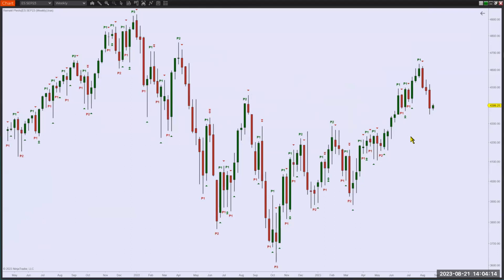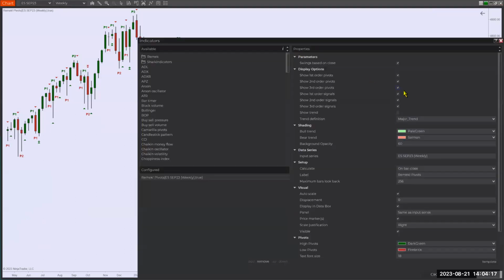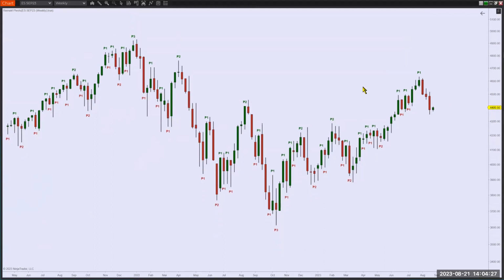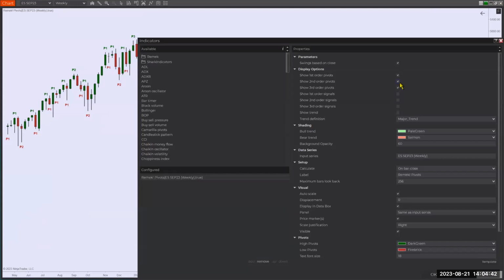So let's start to simplify. We're working backwards now. First of all, I don't need the signals. That already cleans up the chart a little bit, but I still have the 3 pivots. Now, since every pivot 3 was at one point a pivot 1 and at another point a pivot 2, I don't think I actually do want to see the pivot 1s.